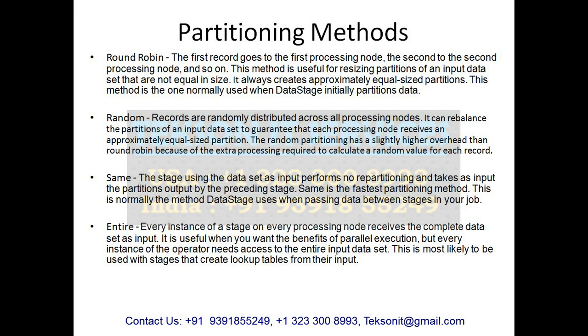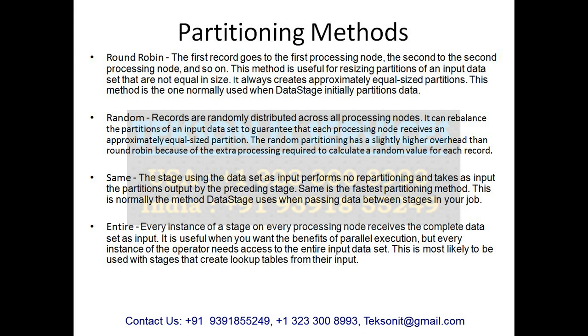Is there any scenario where we can prefer random partitioning over round robin partitioning? Actually, once I explain all this partitioning, then I will cover some scenarios that will help explain where we need random, or where we need round robin, or where we use same or entire.